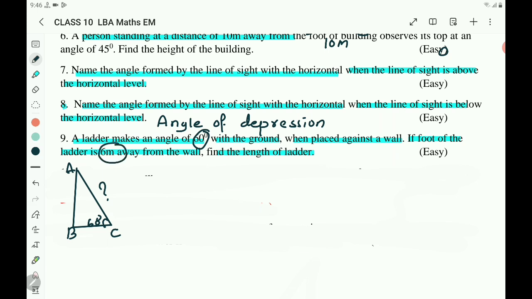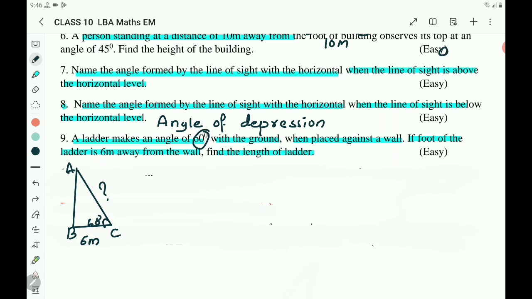The distance between the foot of the ladder and the wall is given, that is 6 meters. We have to find out AC. So which trigonometric ratio is having the adjacent side BC and hypotenuse AC? Adjacent side and hypotenuse is cos theta.